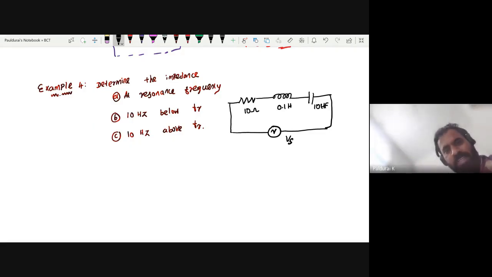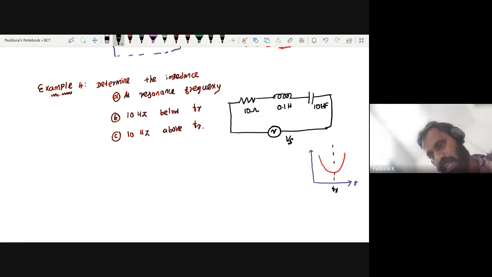Determine the impedance. We want to calculate the impedance at resonance frequency, then 10 kilohertz below resonance frequency and 10 kilohertz above resonance frequency. Just for your information, the variation of impedance with respect to frequency: at resonance you will get a minimum curve. This is my resonance frequency.